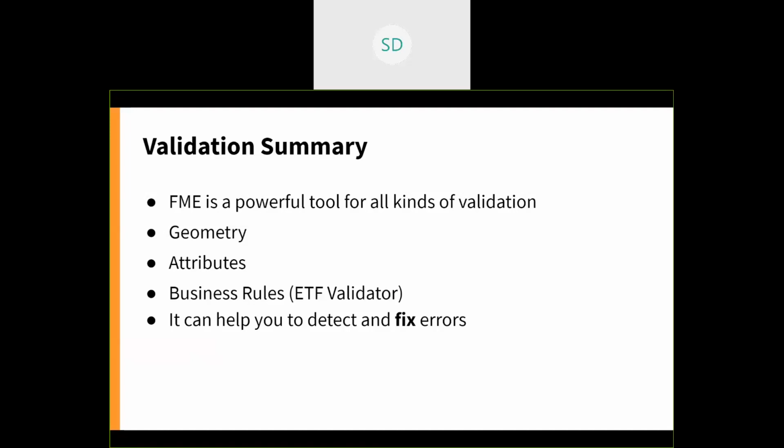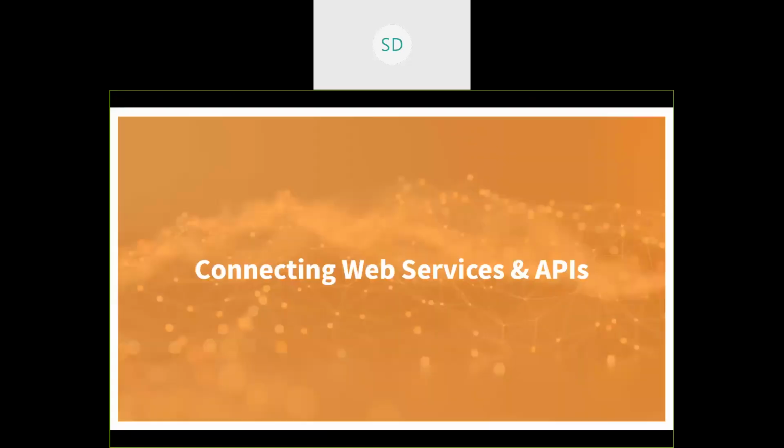That's really the biggest advantage: a tool that is not only able to find these errors, but also helps you to fix them. At this point I will hand it back to Dean, who's going to talk about connecting web services and APIs.